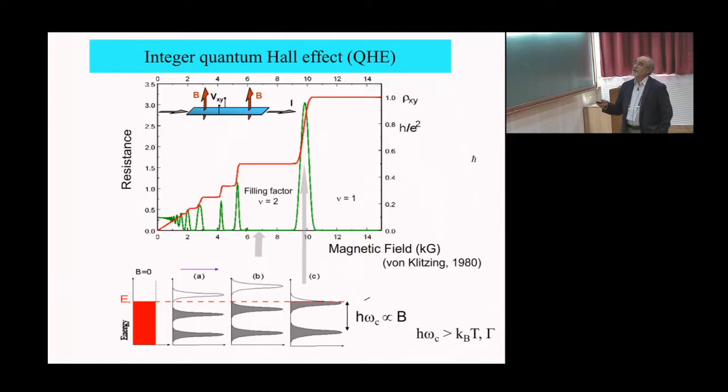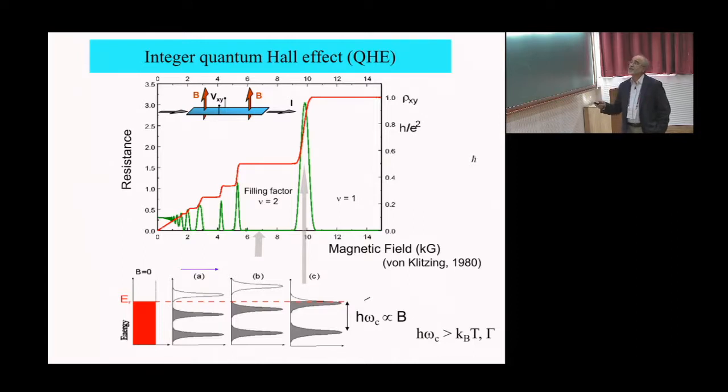And in such a case, if you have some disorder and pass a current in 2 dimensions, in a magnetic field, you get a transverse voltage, and the Hall resistance, which is the ratio of the transverse voltage to the current, has a staircase-like structure as a function of magnetic field. It turns out that these resistance values are exactly quantized in h over an integer times e squared, if your sample is not too clean.